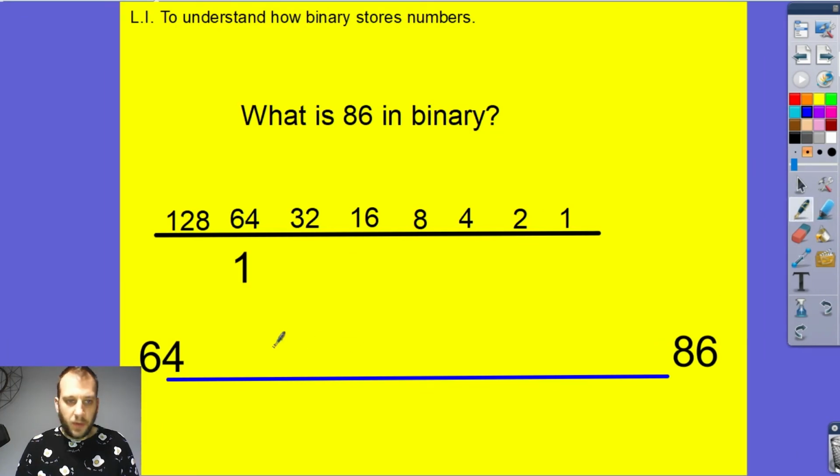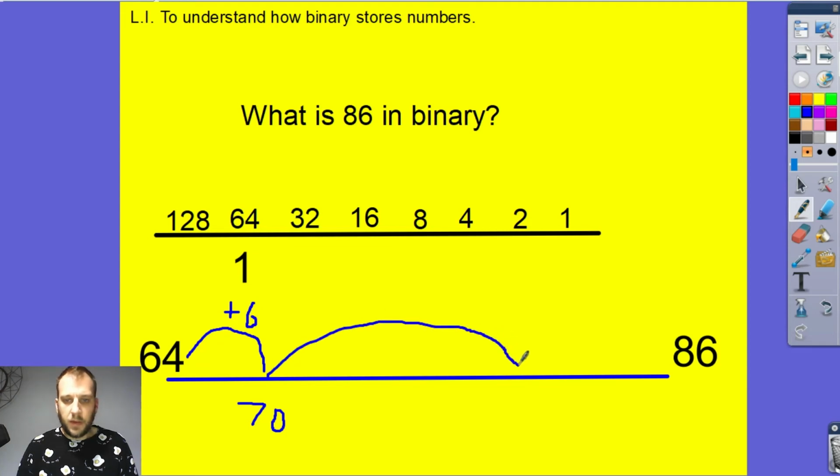So I'm going to jump up to 70, which is plus 6, then up to 80, which is plus 10, because from 70 to 80 is 10. And then we're going to jump to 86, which is another 6. So I've got 6, 10 and 6.